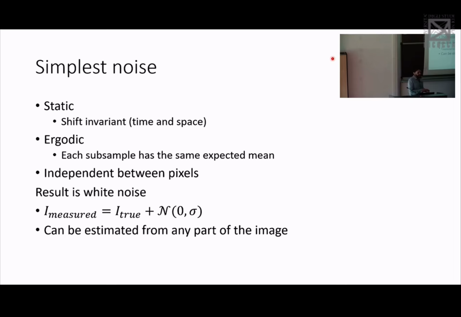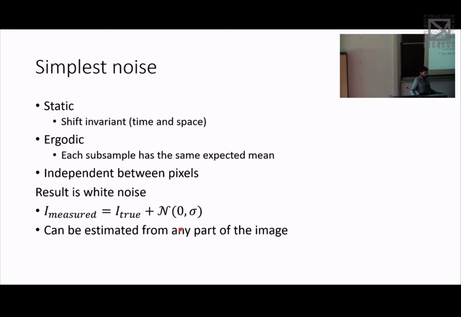Ergodic means that each subsample has the same expected mean. So if you take the mean of the noise in one part of the image, in the next part, and so on, it's the same. The noise is independent between pixels. What you get is white noise. White noise works like that, which means that the image you measure is the true image plus a Gaussian with zero mean and a standard deviation sigma.